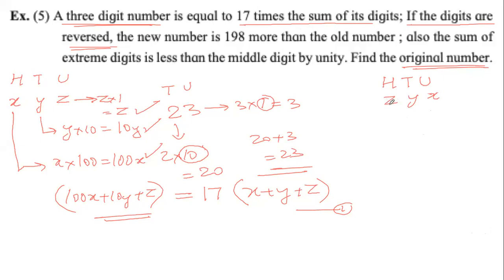When we are forming the number by reversing the digits, this is the original number and this is the new number. I hope you are able to see that the digits have been reversed. What is the value of the new number? Chanda, Prachi, I don't know where you are getting the answers from.